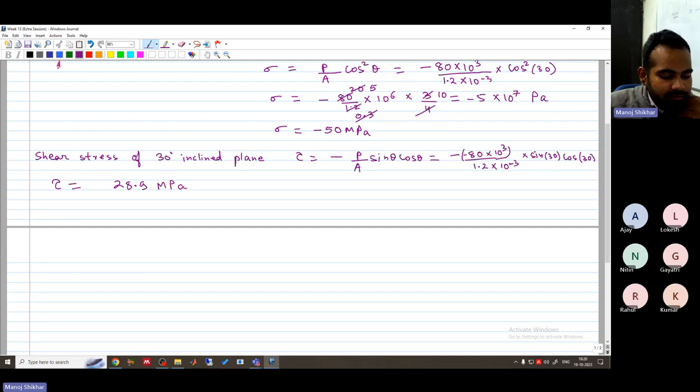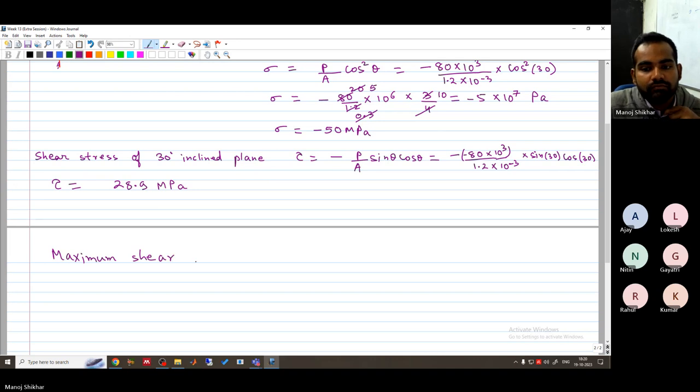Now we have to find what is the maximum shear stress in the bar. The maximum shear stress is, so how do we find what will be the maximum shear stress in the bar?